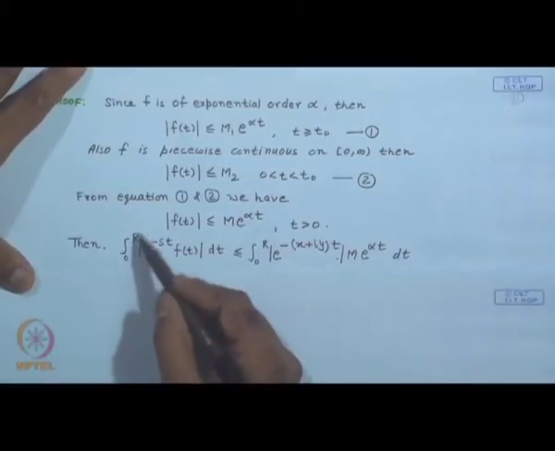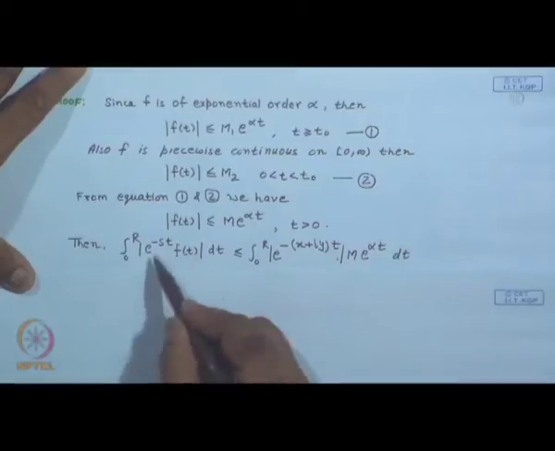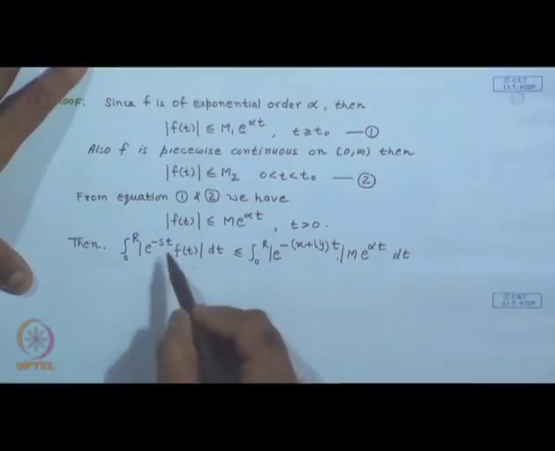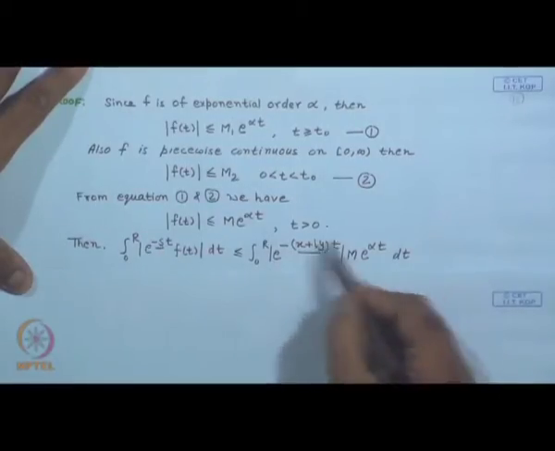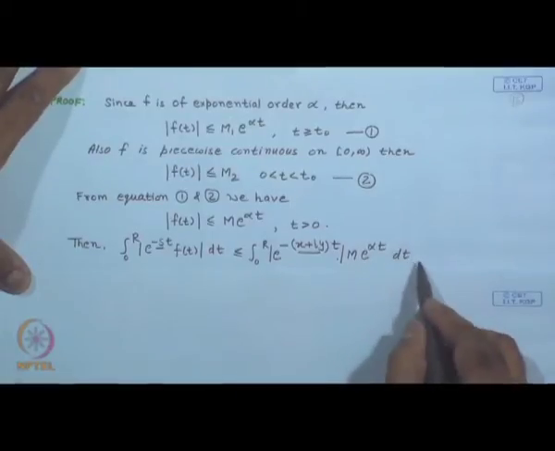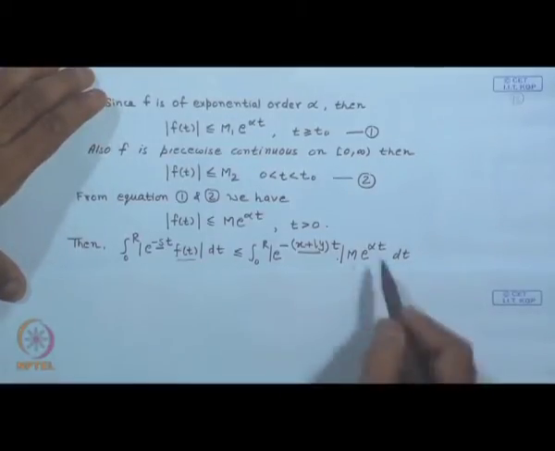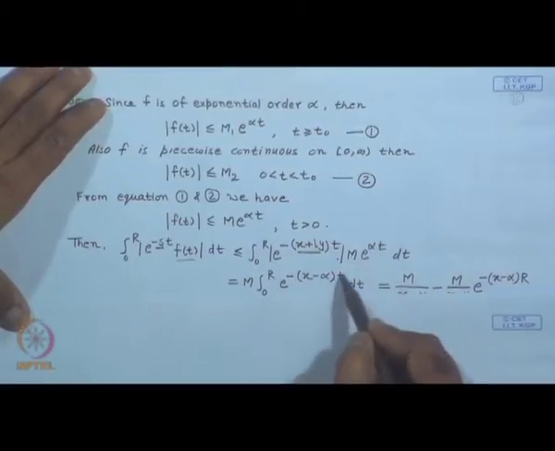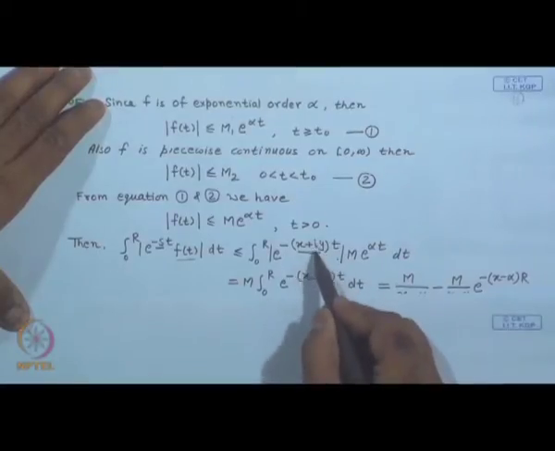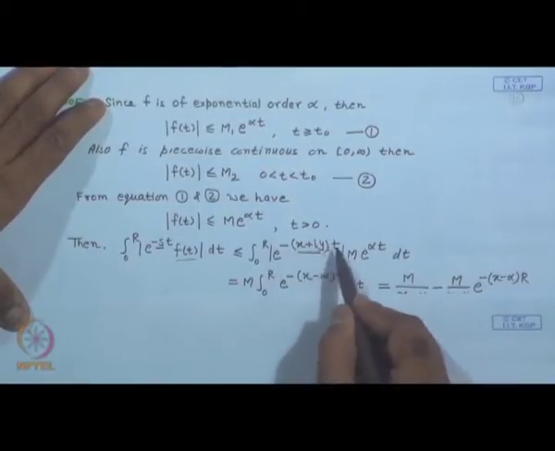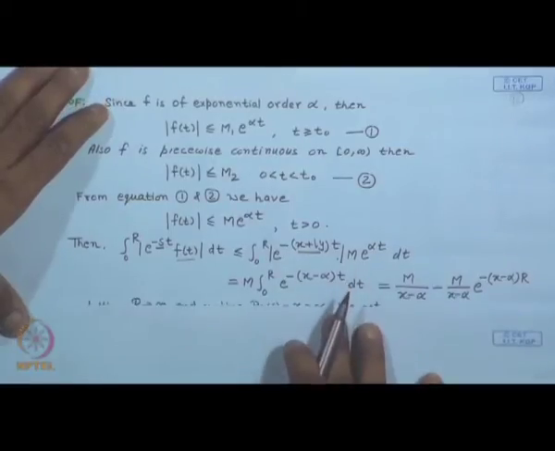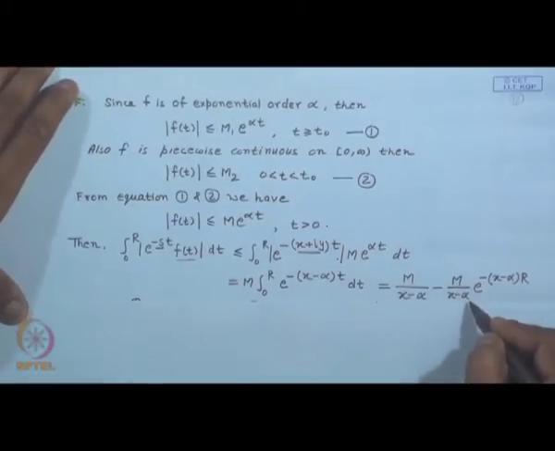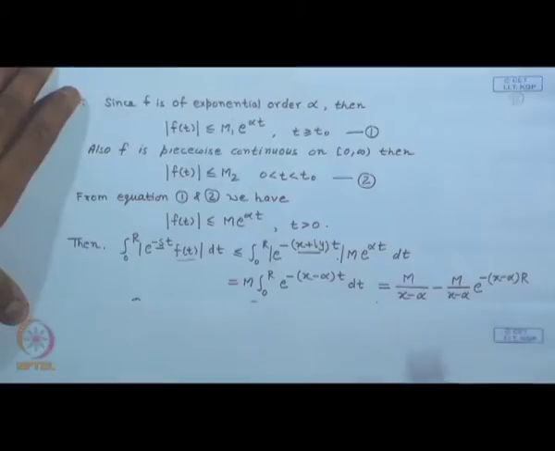So, now let us take a look at the integral from 0 to R of e^(-st) f(t) with the absolute value dt, and this is bounded by the integral from 0 to R of e^(-(x + iy)t) M e^(alpha t) dt for this f(t). That is bounded by M e^(-(x - alpha)t), and the absolute value of e^(-iyt) is 1. Then this integral gives M over (x - alpha) minus M over (x - alpha) e^(-(x - alpha)R).